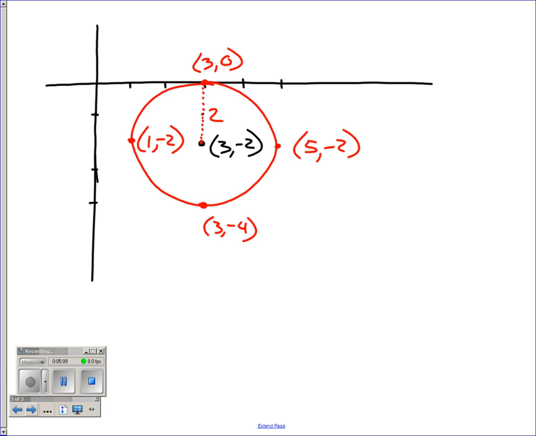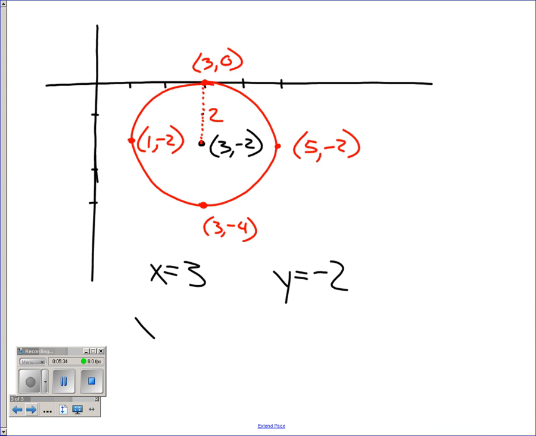But let's write the standard form of the equation. They want it in x minus h plus y minus k equals r squared, each of those being squared. So I'm going to take x equals 3, because that's where it's centered. I'm going to take y equals negative 2, and then just go through and set both of these equations in x and y equal to 0.